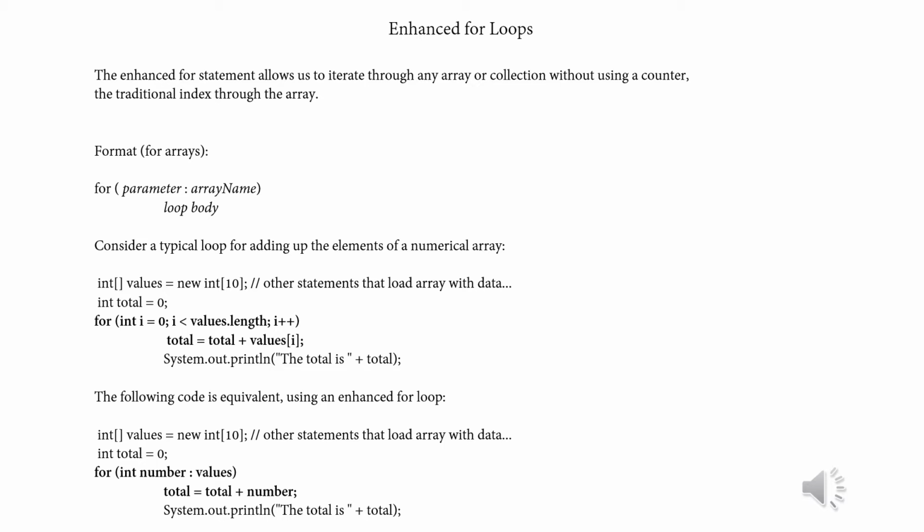As you see in this example, we have an enhanced for loop. For int number : values, so by that we are iterating over the values of this array. That's very easy, right?